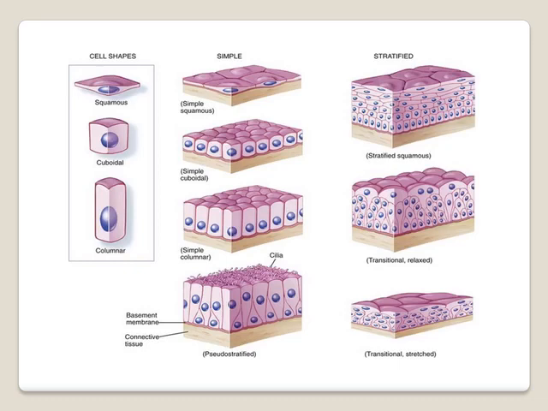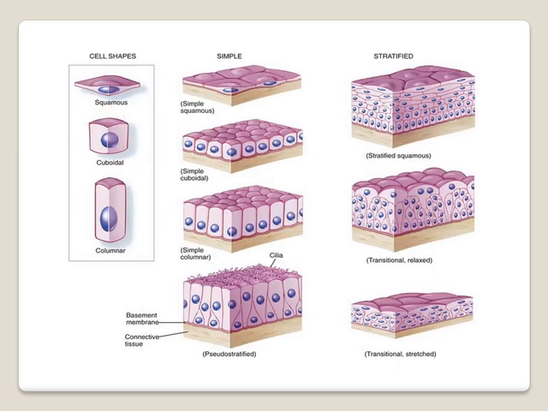Epithelial tissues can be classified a couple different ways. The first way is according to its shape. First is squamous. That's this one right here. You can see it's kind of flat, looks a little round, kind of like a scale, like a fish's scale. And then cuboidal, this one. And just like that name implies, it's kind of cube-shaped.